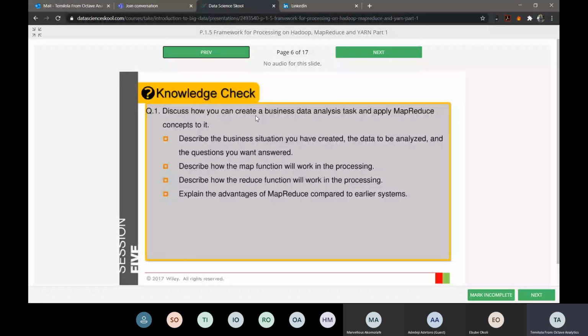That's what you can regard as other systems. But thanks to MapReduce technology in Hadoop, we're able to handle big data these days. So earlier systems refers to the different ways of computing and handling big data before.